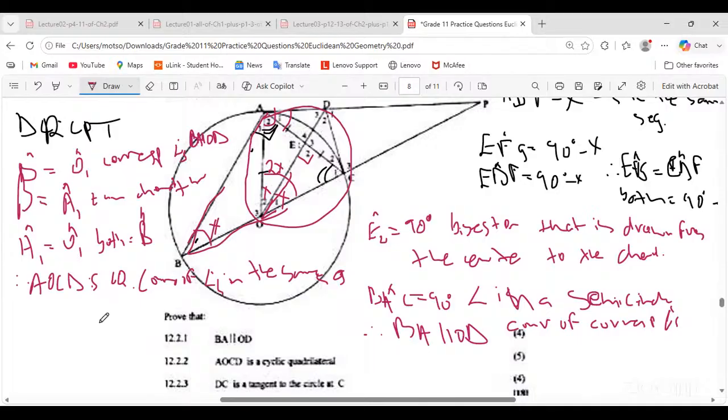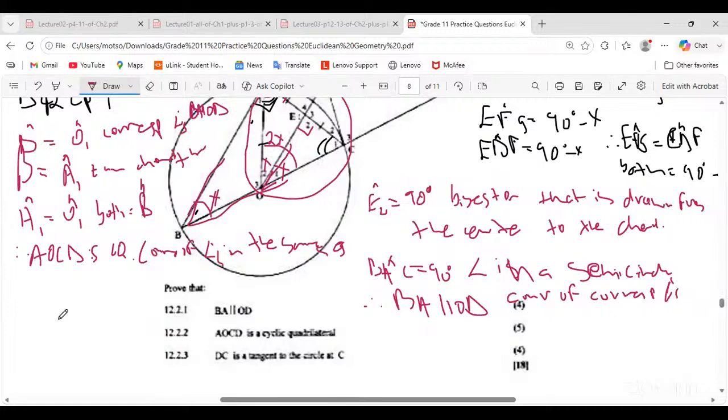Okay, let us go with that one. We said let O1 be x. Therefore, angle B is equal to angle O1. They are both equal to x. What is the reason here? Corresponding angles, because BA is parallel to OD, right?